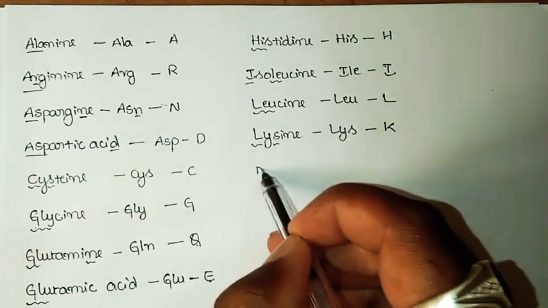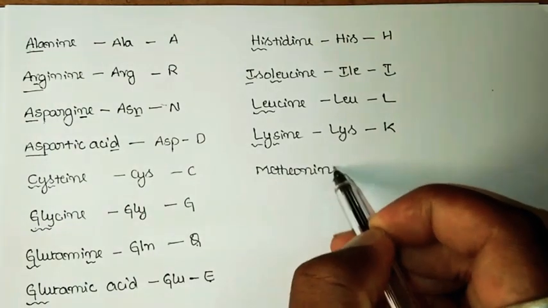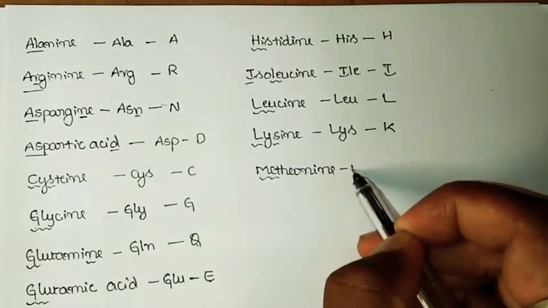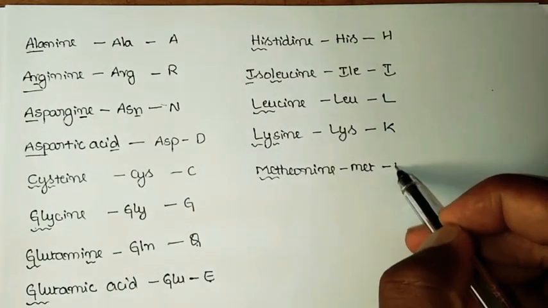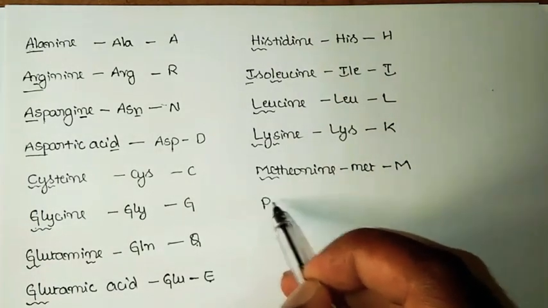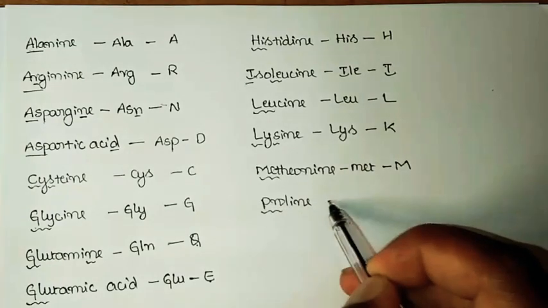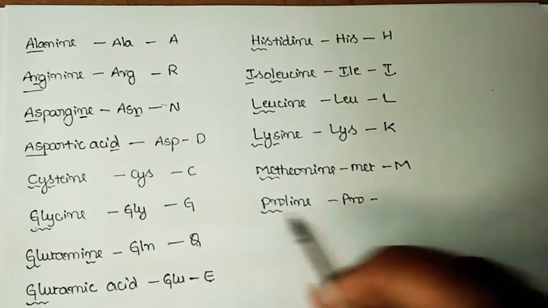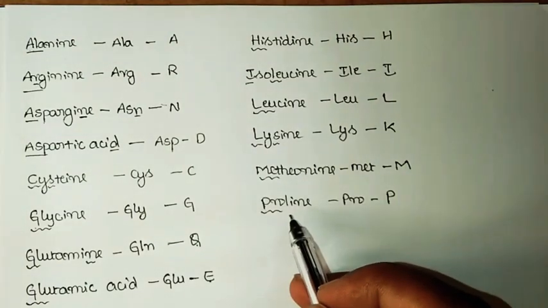So next amino acid is methionine. The first three letters MET will be taken to indicate methionine, and the alphabet for methionine is M. So next it is proline. The first three letters are PRO, and the alphabet P will be taken for indicating proline.